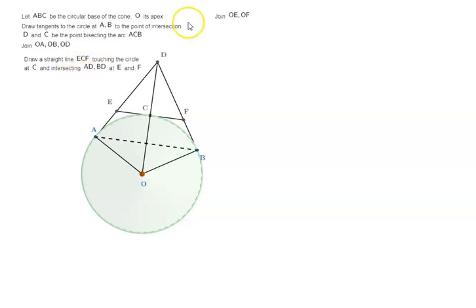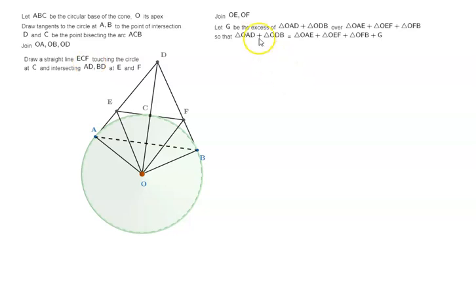Join OE and OF. Let G be the excess of triangle OAD plus triangle ODB over the triangles OAE, OEF and OFB. So you can look at it as a pyramid.